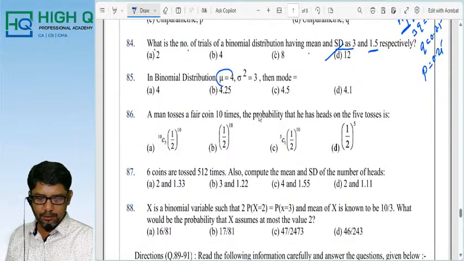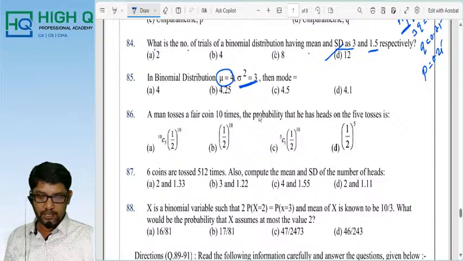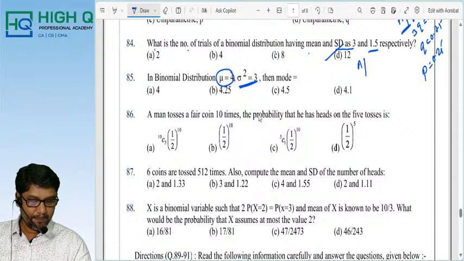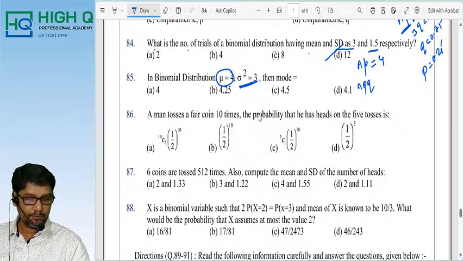Binomial distribution, mu is equal to 4, sigma square equal to 3. What is mode? Listen here, very simple my dear. Is NP equal to 4?